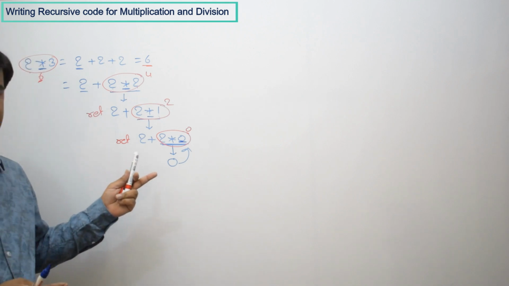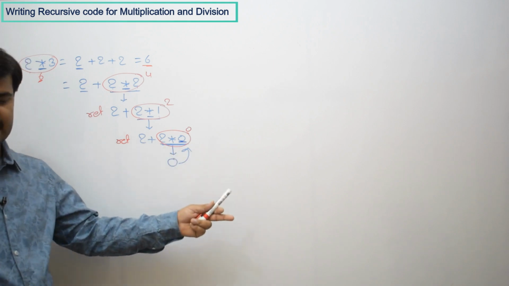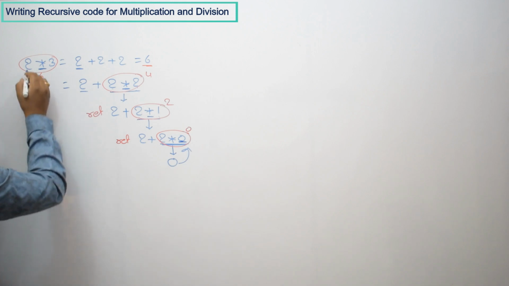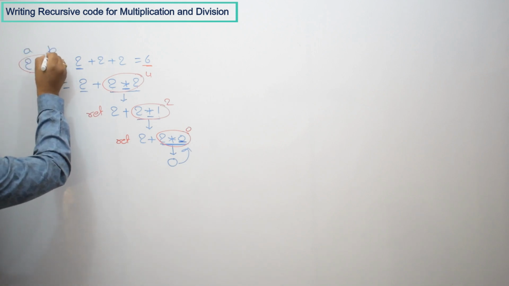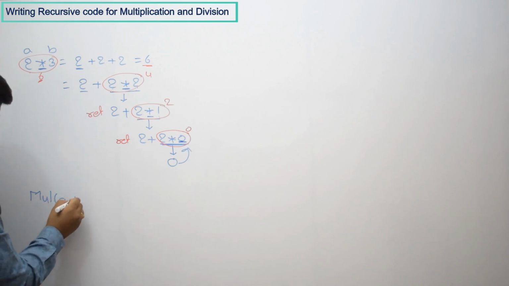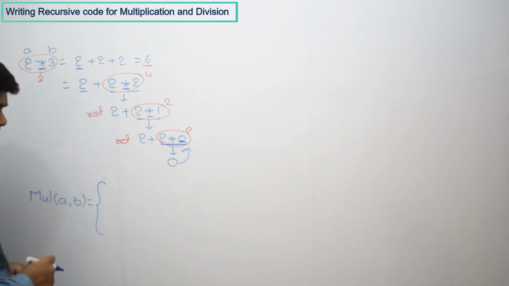Now let us try to write down the recursive equation, which you can easily write into recursive code. If you take these two as A and B, A into B is what we are performing, the multiplication of A and B. So what are we going to write here?